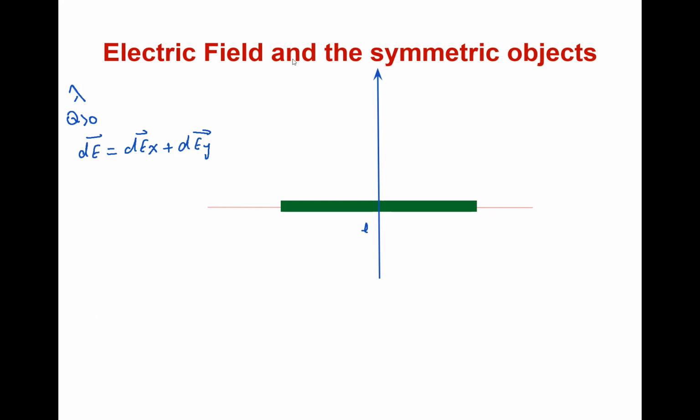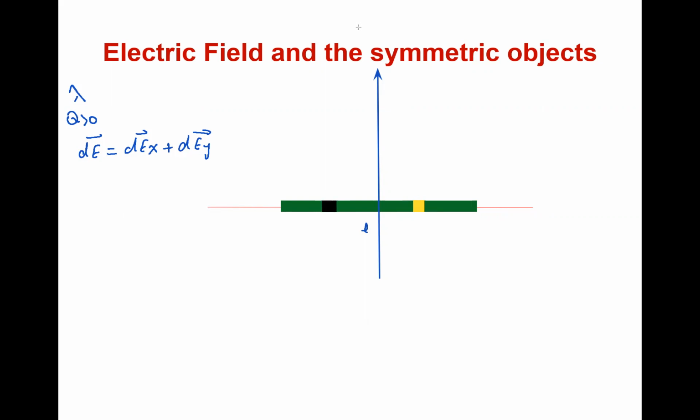What we do exactly, as we said, we take two small portions to the right and to the left, like this. Here we can take the yellow color. Here you have dq, and on the other side we can take dq.